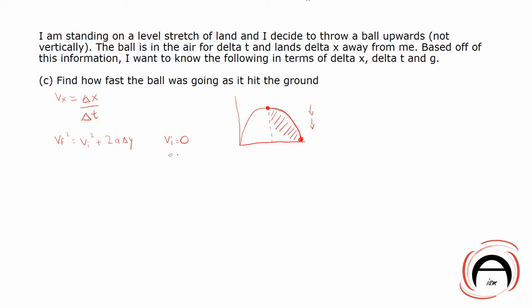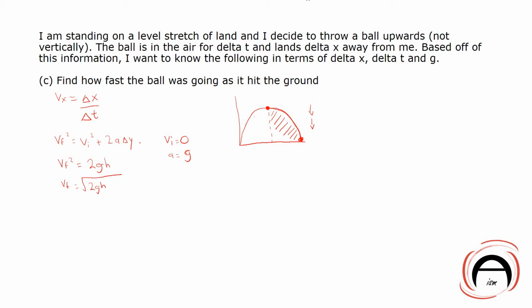And our a is equal to g, just g, not negative g. So you have vf squared equal to 2g times h. You have your 2gh right here, and you just find the square root of that. So vf is equal to the square root of 2gh.